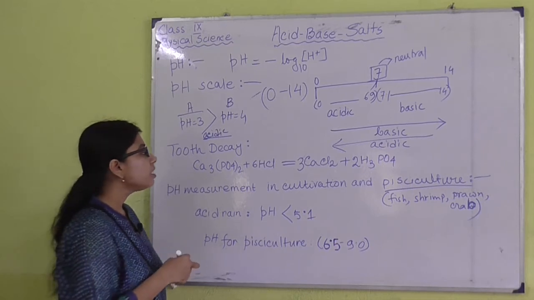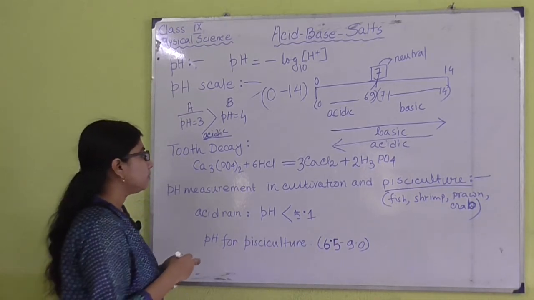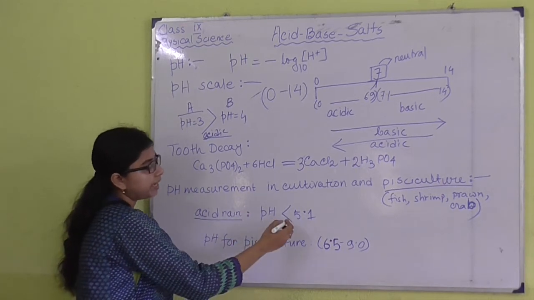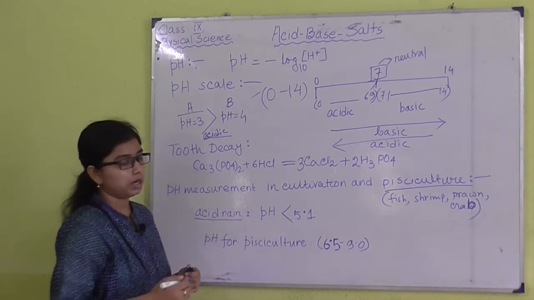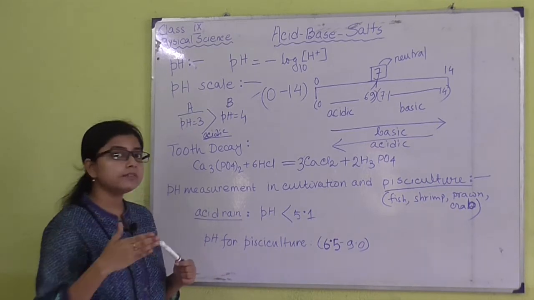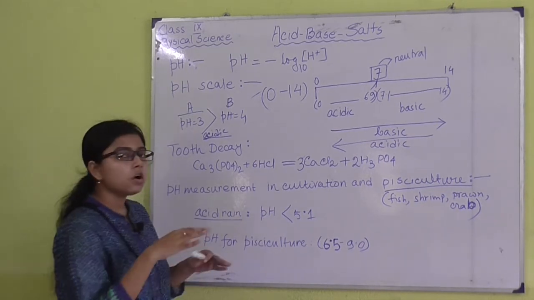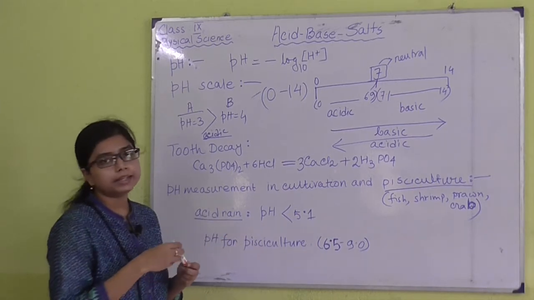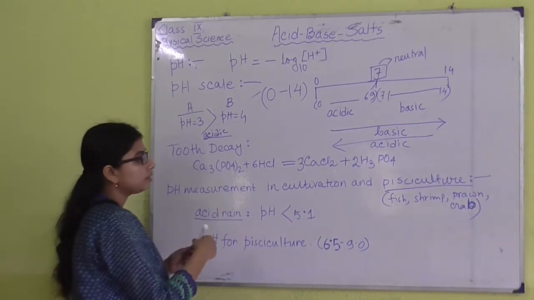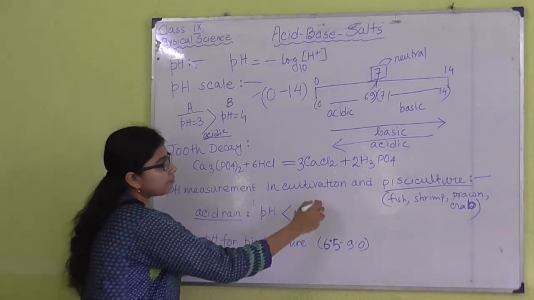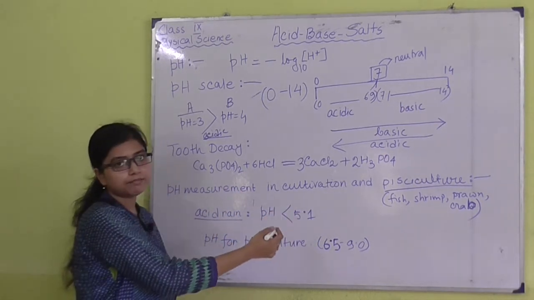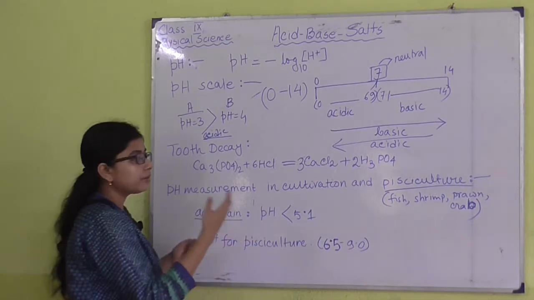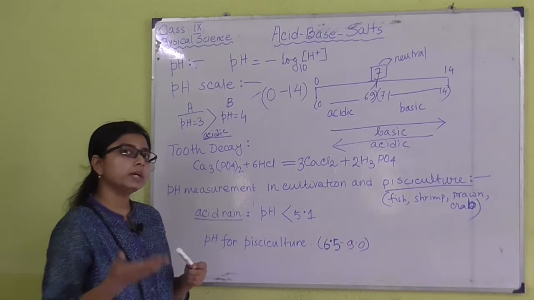How? First of all, acid rain. Acid rain has a pH less than 5.1, and if acid rain occurs, then all the water bodies surrounding the land area will fill up with water which has a pH of less than 5.1, and this pH range is really harmful for the aquatic animals.